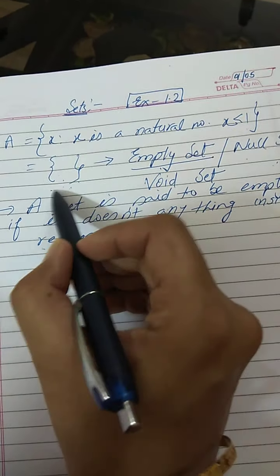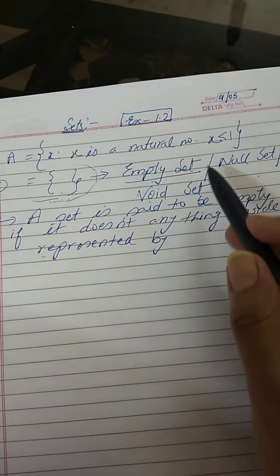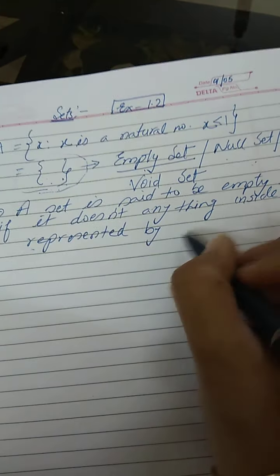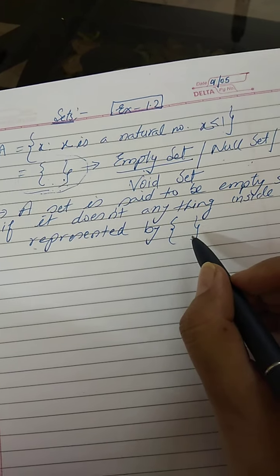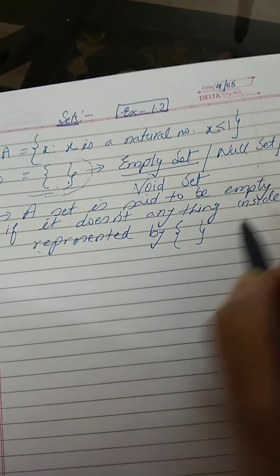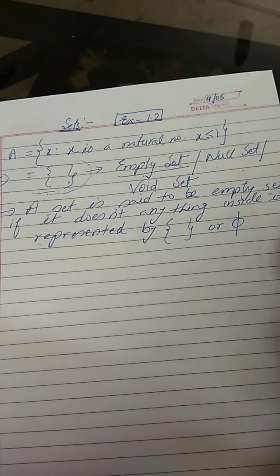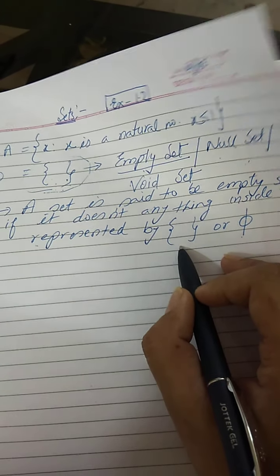I have done it in the example itself. If A is the set where x is a natural number less than 1, what are we writing? Nothing inside the curly braces. So we simply write the curly braces with nothing inside, which means it is empty, right? Or the other method is to represent it by phi. Either phi or the empty curly braces.